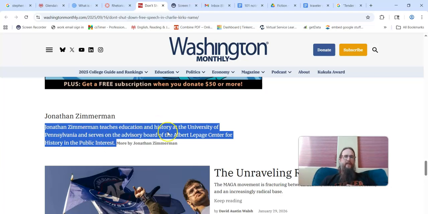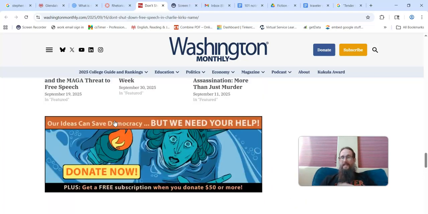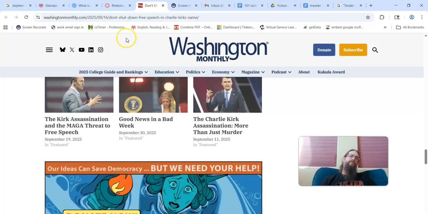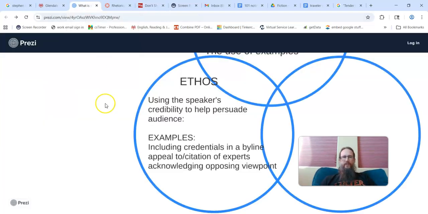And the fact that he's got a background in history and in working for the public interest suggests that he's got some additional credibility to be writing about free speech, public discourse, things like that, right? So that's an appeal to ethos. But then you're thinking, well, wait, I need 2 examples, right? The byline's just one.